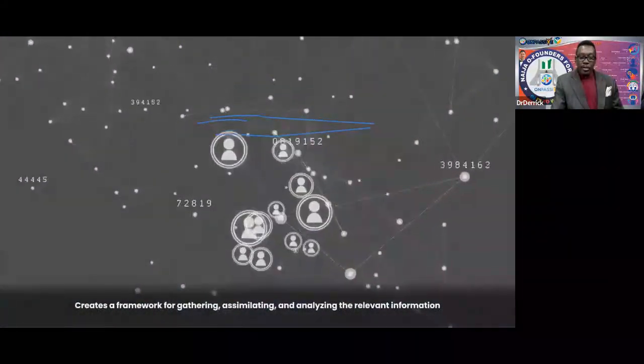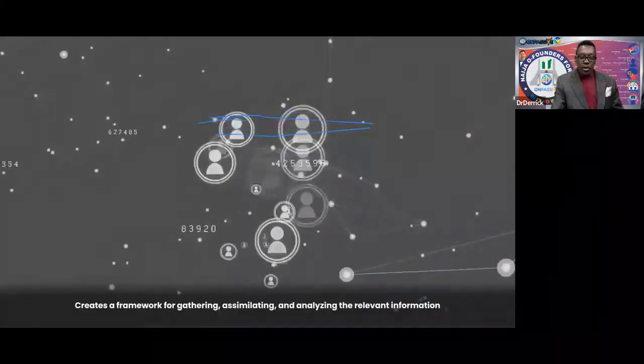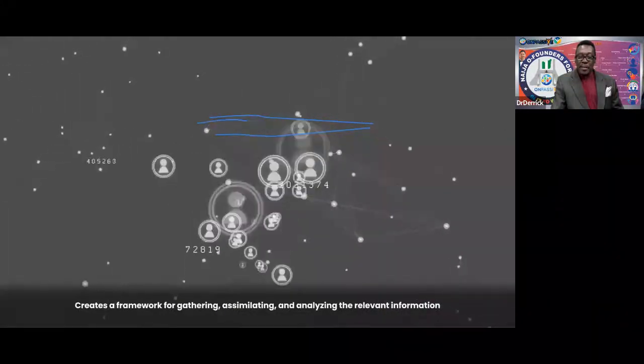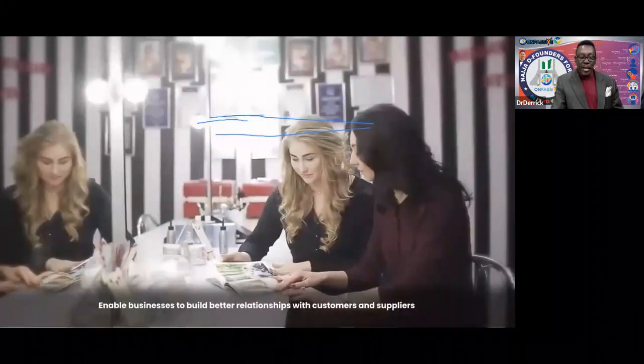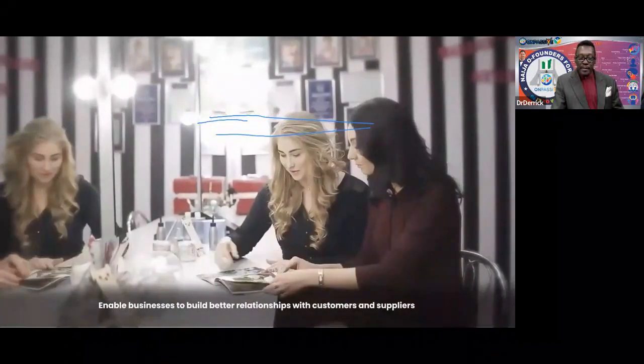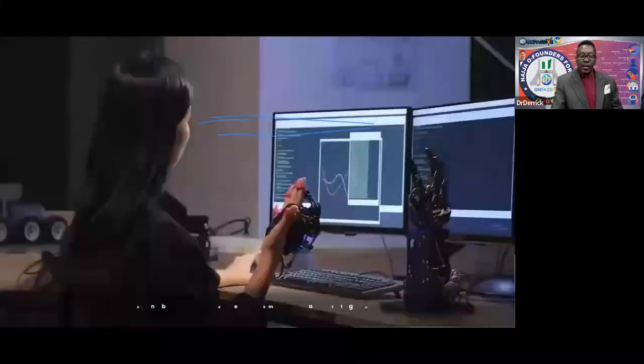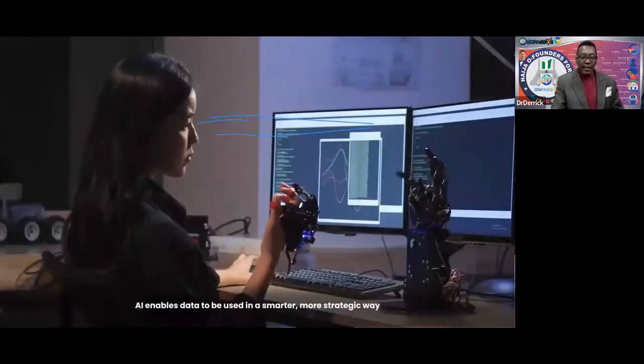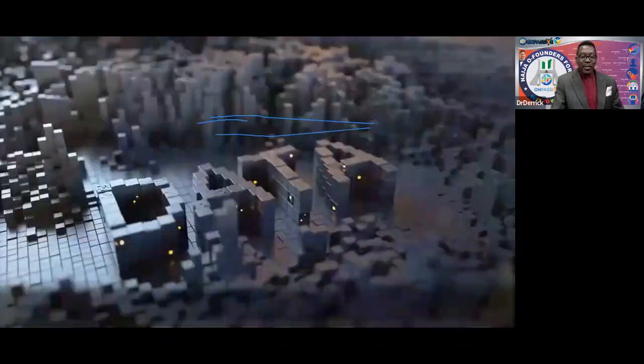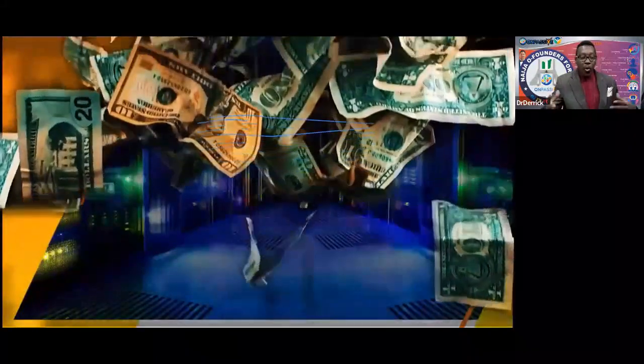And of course, it will create a framework of gathering, assimilating, and analyzing the relevant information and enable business to build better relationships between customers and suppliers. So that is a look at our data center.